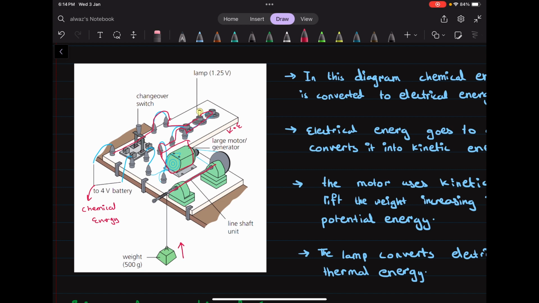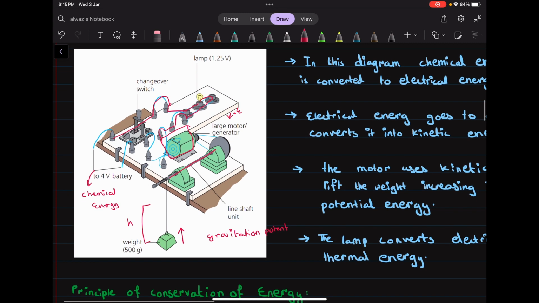As this weight goes upwards, its height h will increase, and so will the gravitational potential energy. So we can see that the chemical energy from the battery is being converted into heat, kinetic energy, and gravitational potential energy. So now we know that energy can basically change its form.